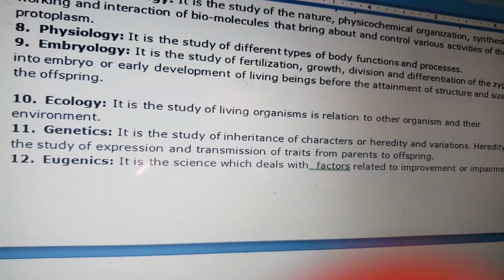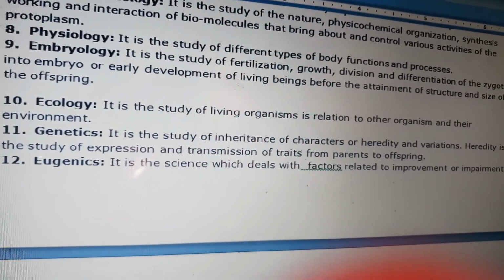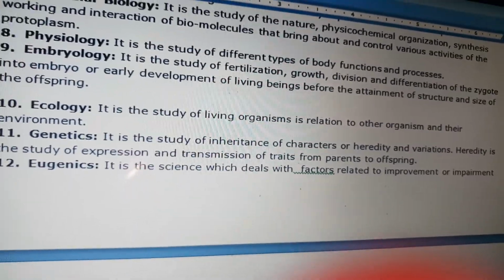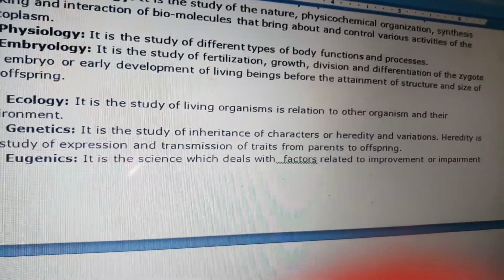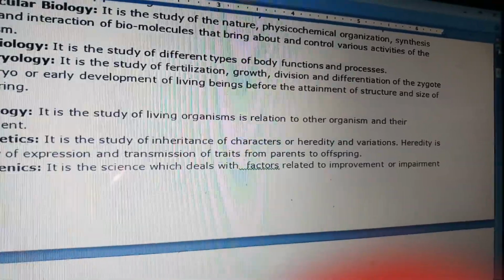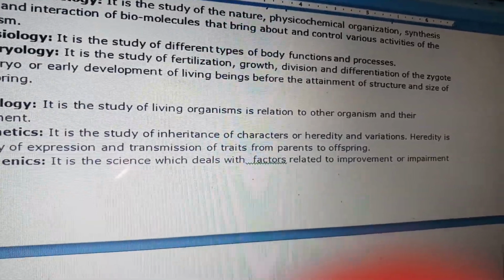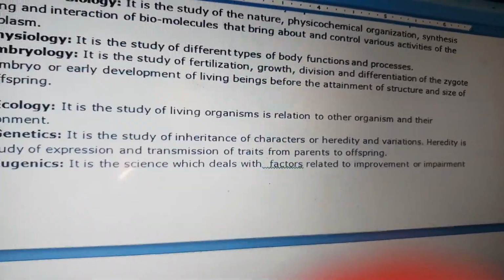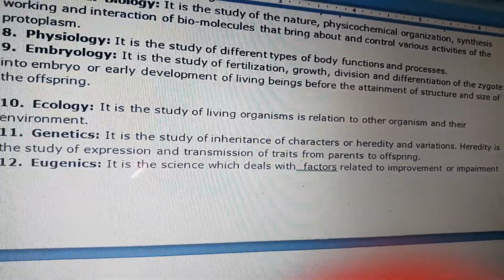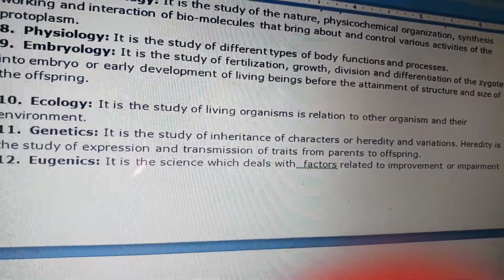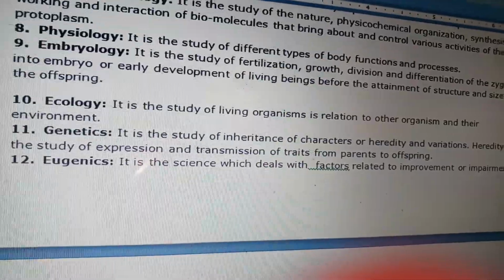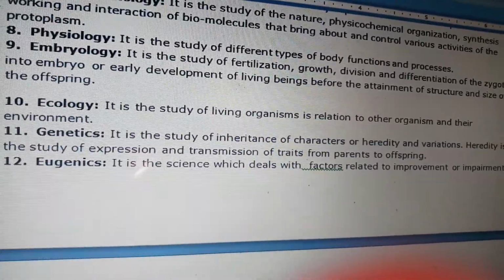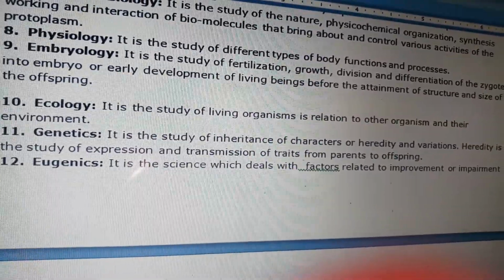It is a wonderful branch of biology in which we study heredity and variation. We all differ from each other, but we carry the characters of our parents. The golden rule of genetics is: as the parents, so the offspring.